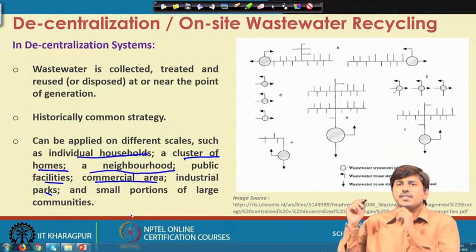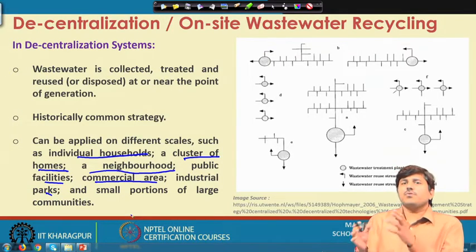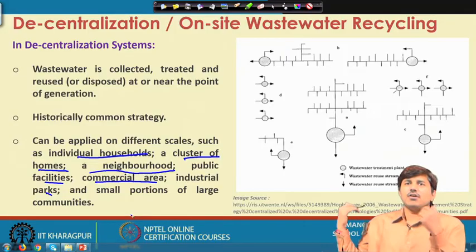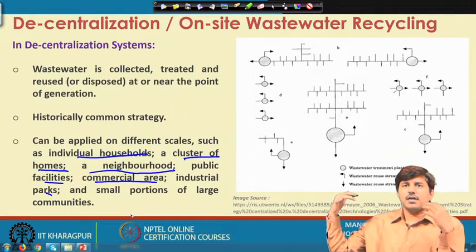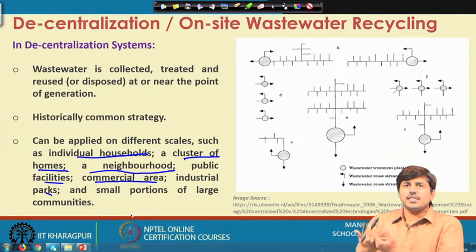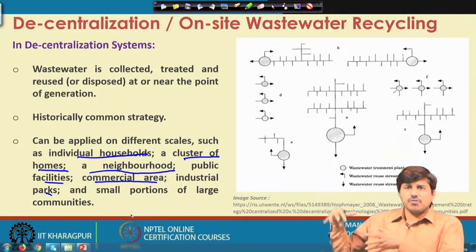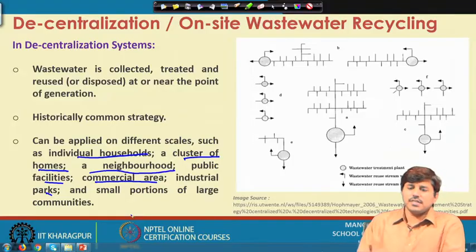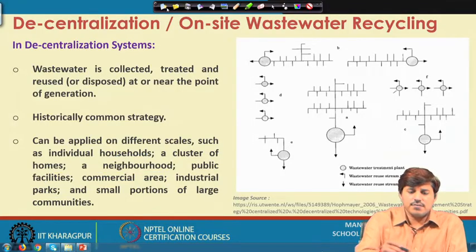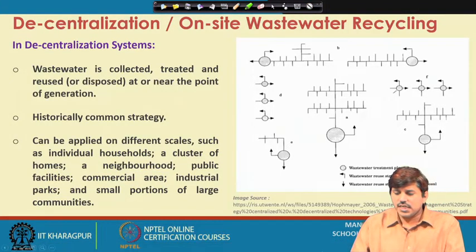So, if you have, let us say, a big city, then a small portion, a colony in that city, or a cluster of colonies, or a market area in that city. So, collect the waste of that particular market area and process it simultaneously. That kind of scale could be there.